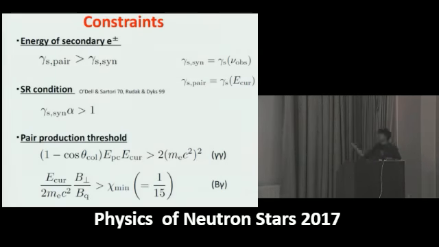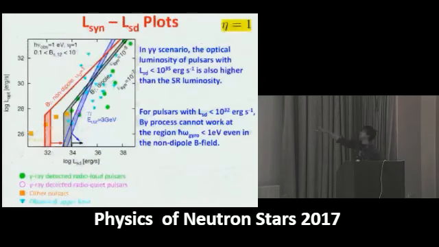If the magnetic field becomes large, the upper bound of the percolation region becomes large, but the validity condition of synchrotron radiation also becomes large. So these conditions determine this line.